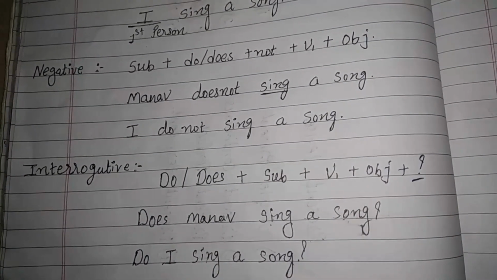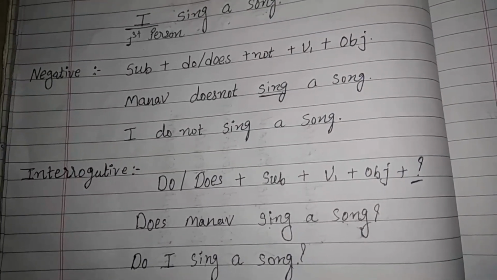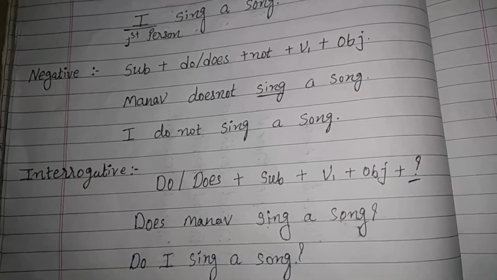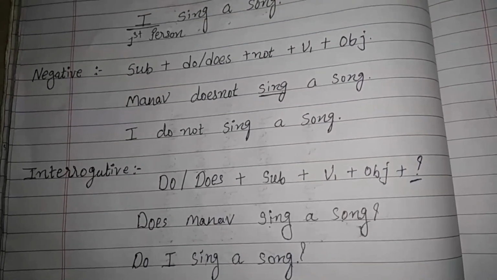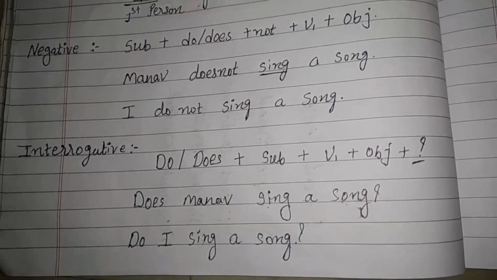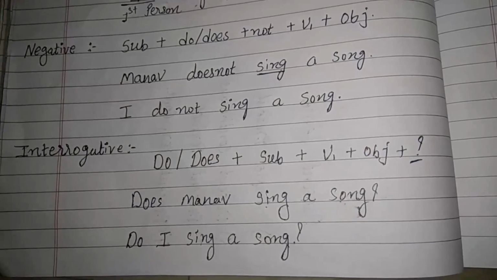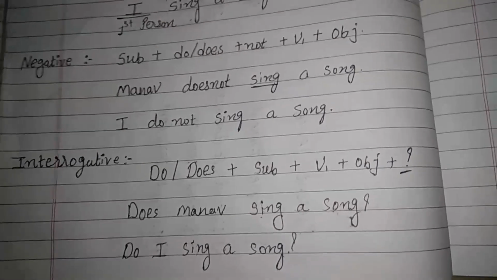Does Manav sing a song? Here also you have to remember, if the third person singular is there as a subject, we have to use does to make the sentence interrogative. Do I sing a song? Here I have not used does because I is not the third person singular.